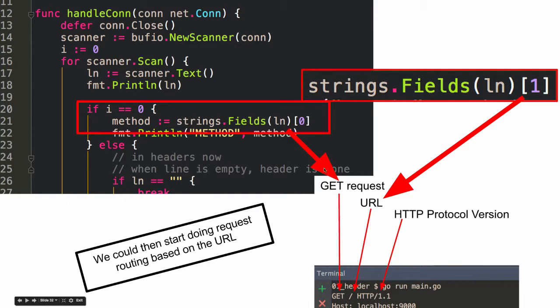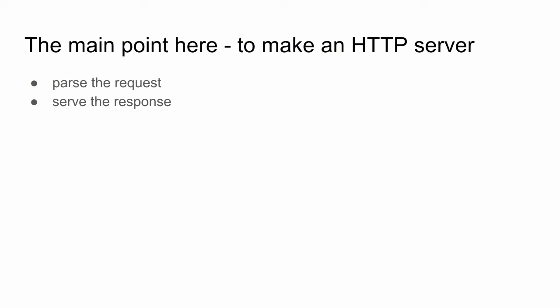So 0 gives us that, 1 gives us that. We can then start doing request routing based on the URL, right? Because we got our verb, and then we also got our URL right here at the server. So we could start doing request routing. The main point here is to make an HTTP server, parse the request, and then serve the response.